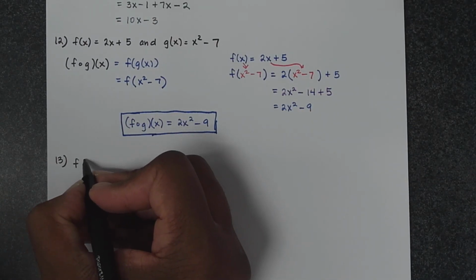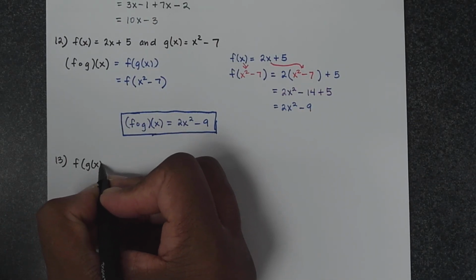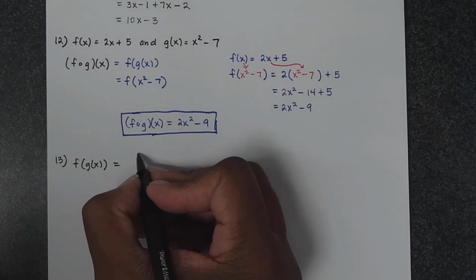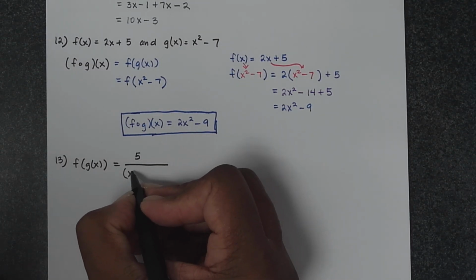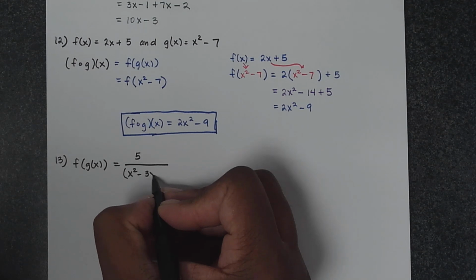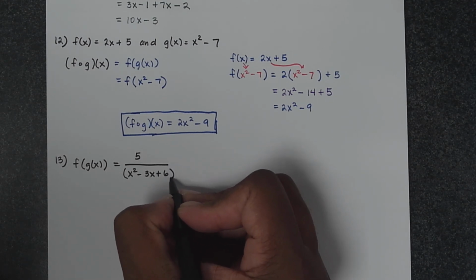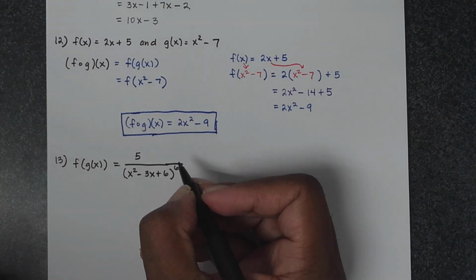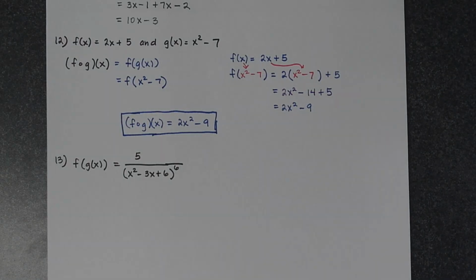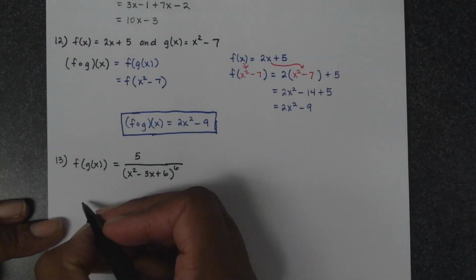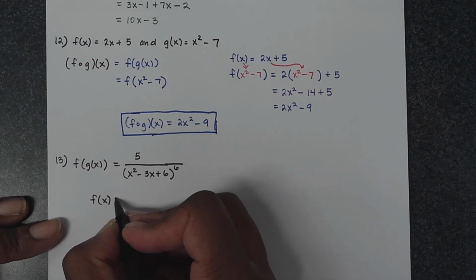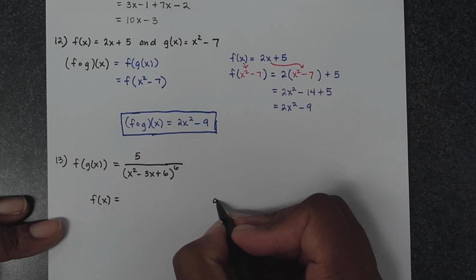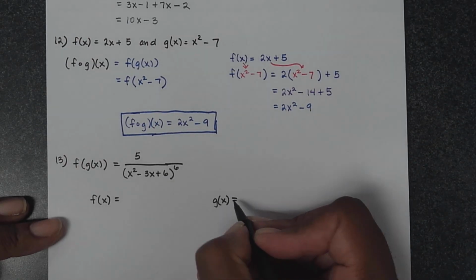So here we got f of g of x, that's equal to 5 divided by the quantity x squared minus 3x plus 6. That's going to be raised to the 6th power. And here I want to find out what f of x was to begin with, and what g of x was to begin with.